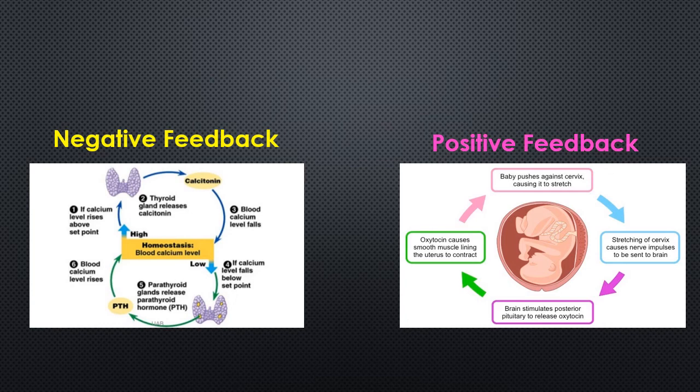Last thing I want to say, this is really, really important, and I'm going to talk about it through chapters both in A&P 1 and A&P 2, but this is essential that you understand it. The majority of homeostasis is maintained by negative feedback. Negative feedback is that seesaw.